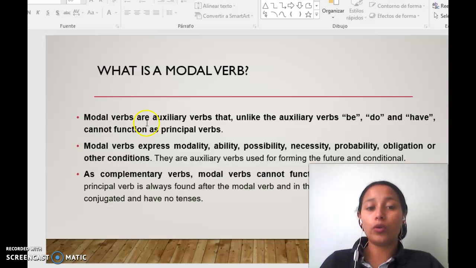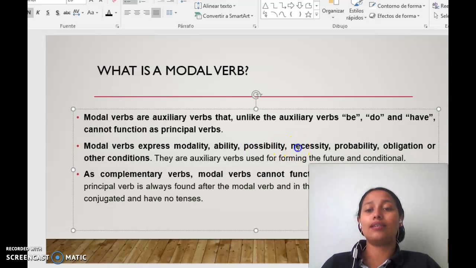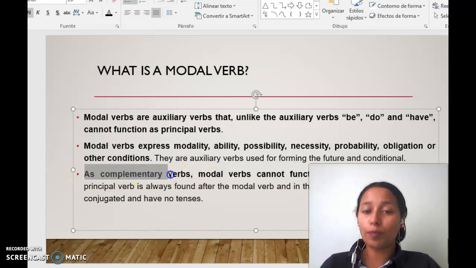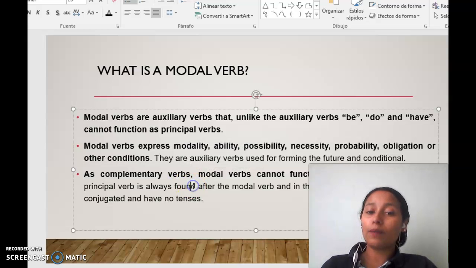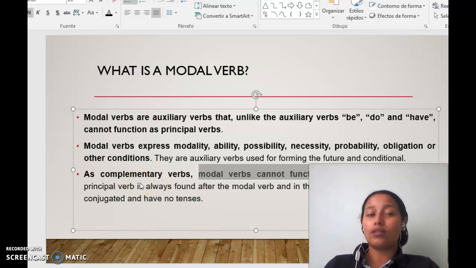Como dice aquí, los verbos modales expresan modalidad, habilidades, posibilidades, necesidades, probabilidades, obligaciones u otras condiciones. Siempre, por ser verbos complementarios, este modal verb no puede funcionar si no ponemos otro verbo después del modal verb. O sea, siempre va el modal verb y seguido a esto va otro verbo. Estos verbos que siguen al modal verb siempre tienen que ir en su base forma. Ya sabemos cómo es un verbo en su base forma porque ya lo hemos visto en clase.